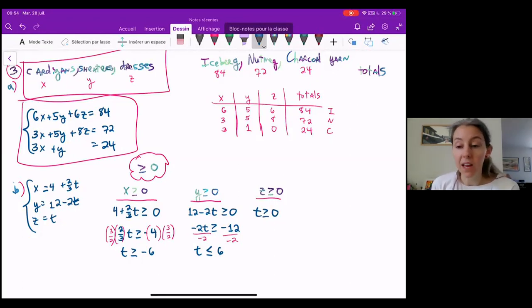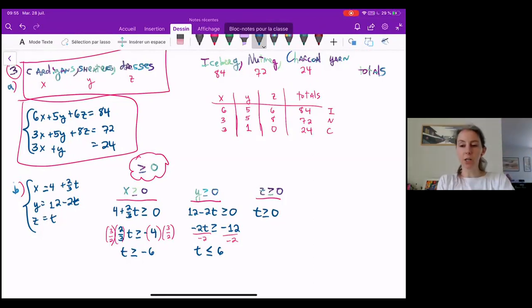Usually there will be one of the inequalities that's kind of useless. Oftentimes it will be the t greater than 0 one. What is it in this case? Which inequality do I not need to look at anymore? So I have t greater than -6, so that gives me a lower bound of -6.